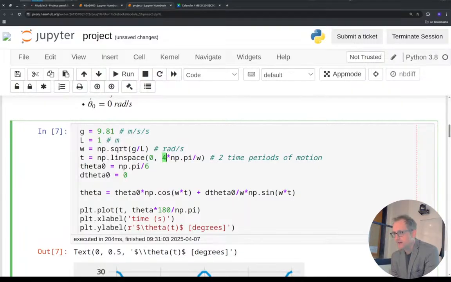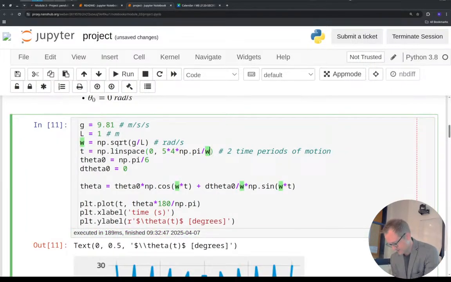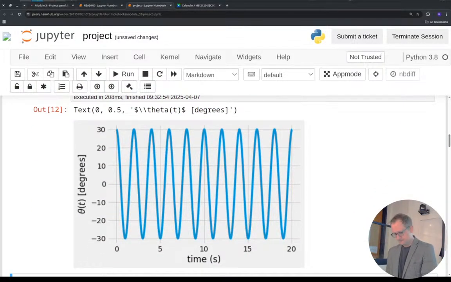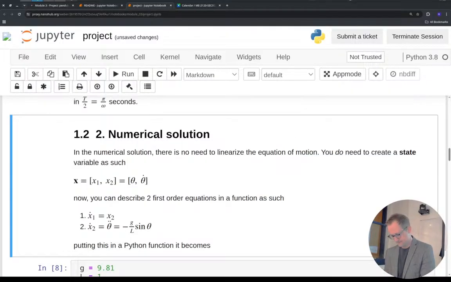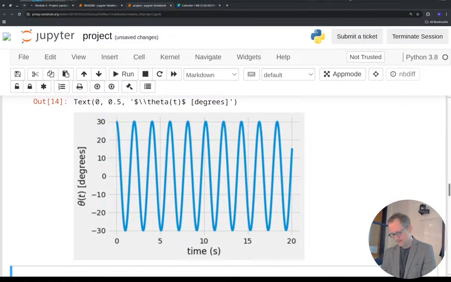You want to look at 10? 5 times that. We'll go 1,000 time steps along 10 time periods. I'll go back up and show in a second.